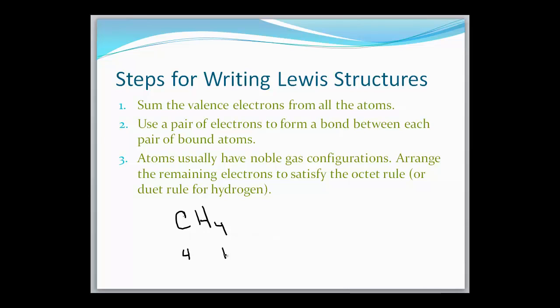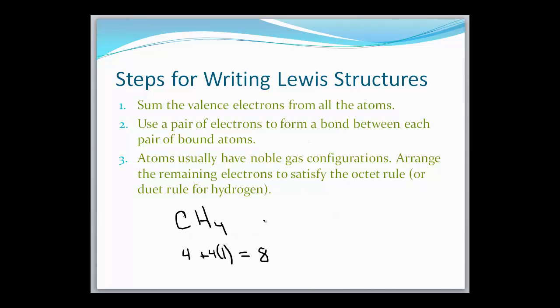Hydrogen has 1 valence electron, but since we have 4 of them, we're going to multiply 4 times the 1 valence electron for each, so 4 times 1. So we have a total of 8 valence electrons in the compound. It says use a pair of electrons to form a bond between each pair of bound atoms.